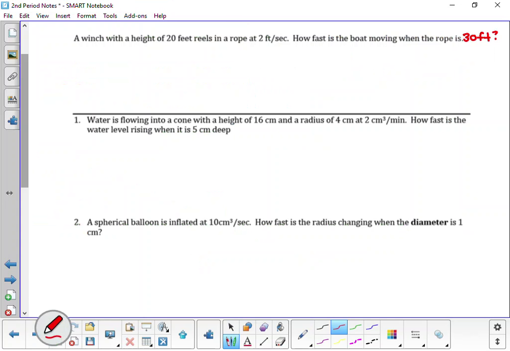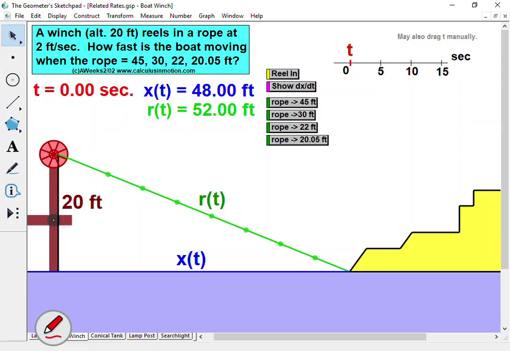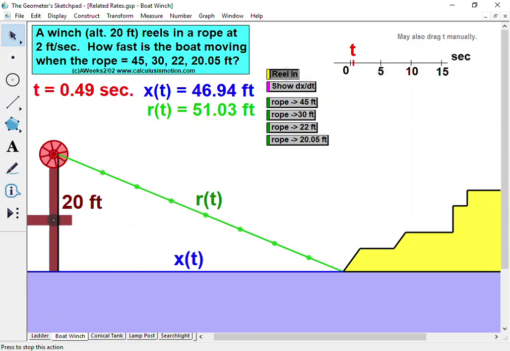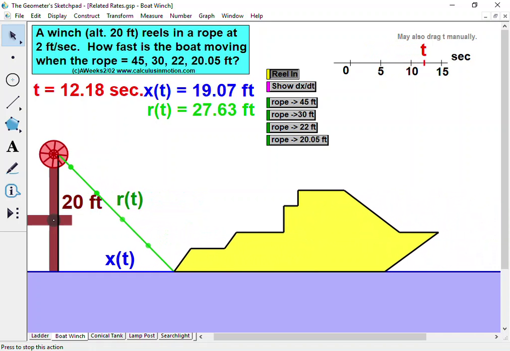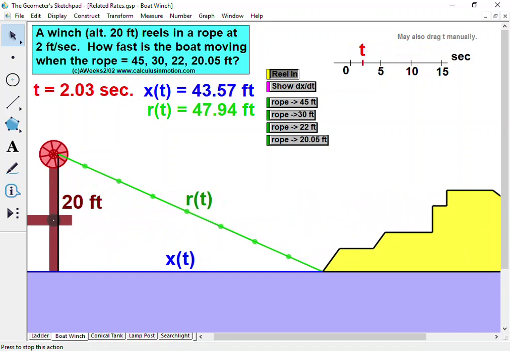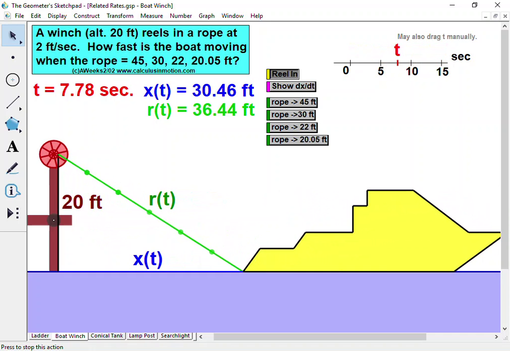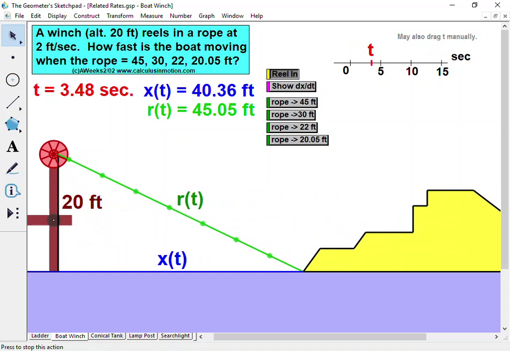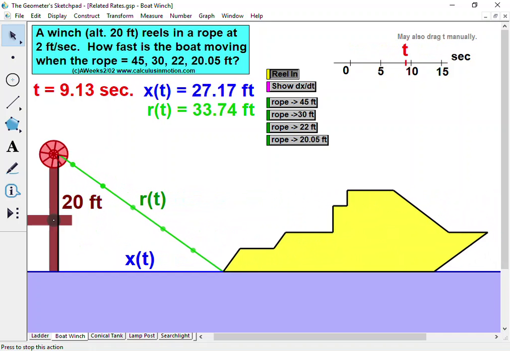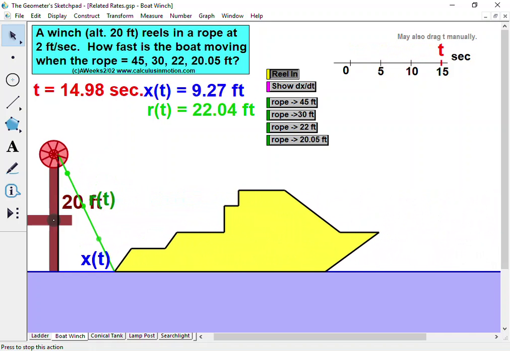All right, here's your visual. Remember, put variables for everything that's moving. Anything that's not moving, you can have as a constant and label that on your graph.